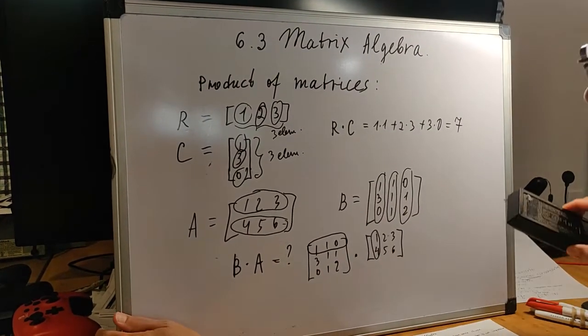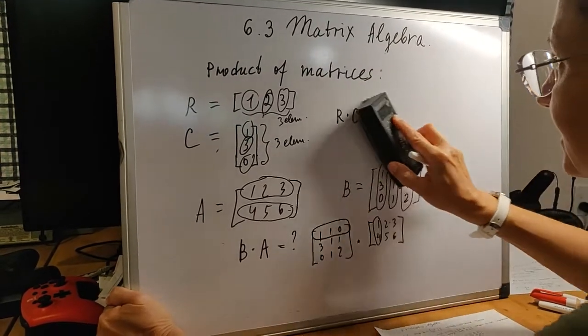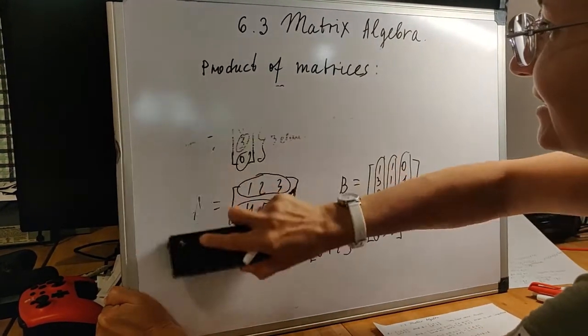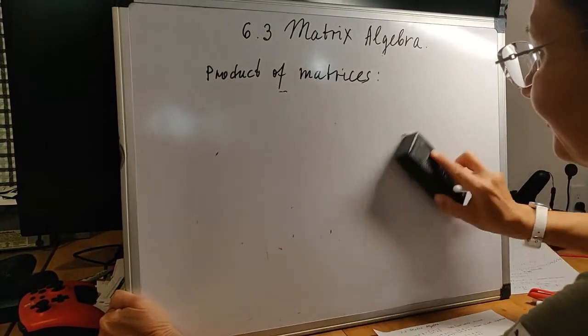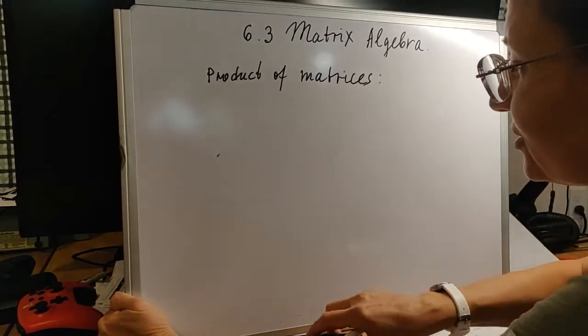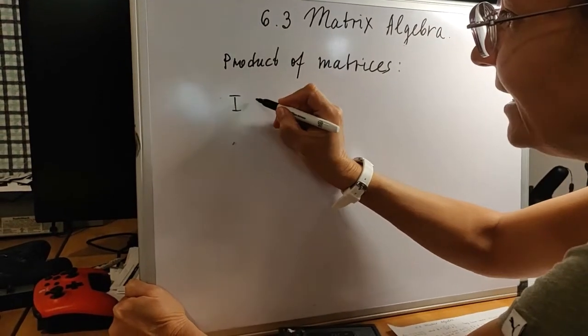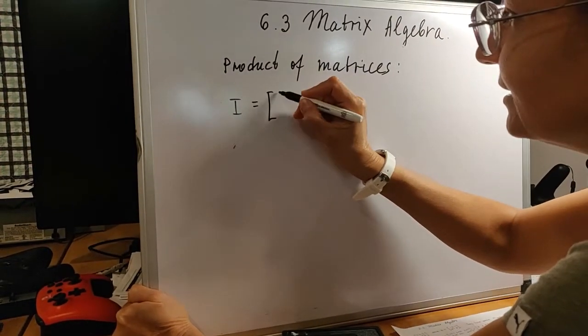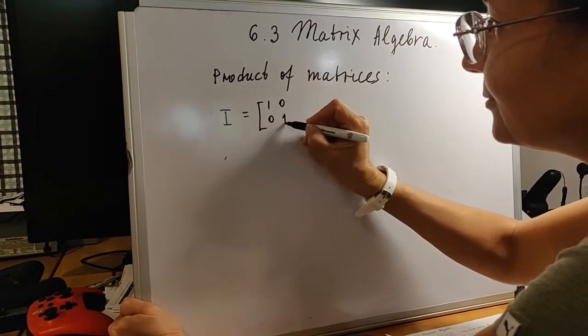Okay? Okay, now I'm going to erase this and introduce identity matrix. Identity matrix is a matrix which is a square one, and it can look like this: 1, 0, 0, 1.